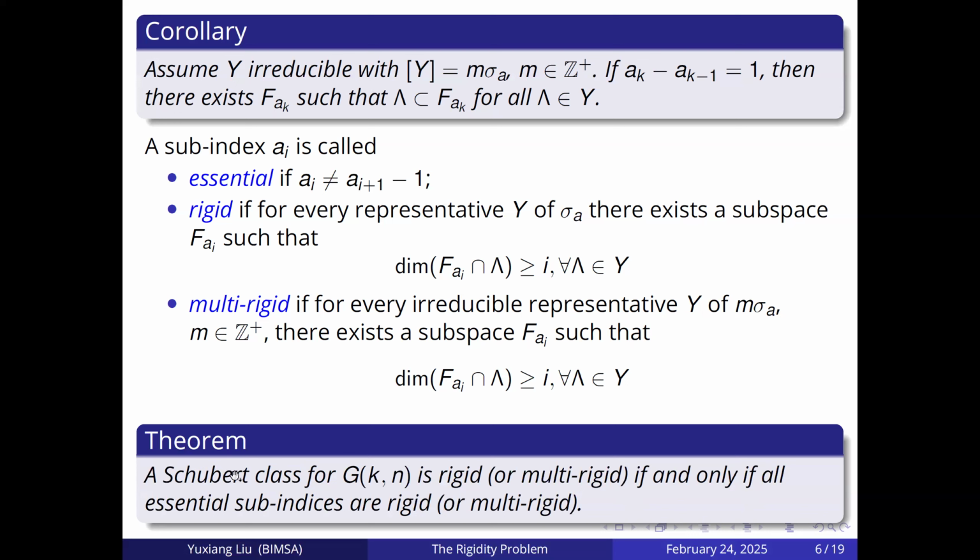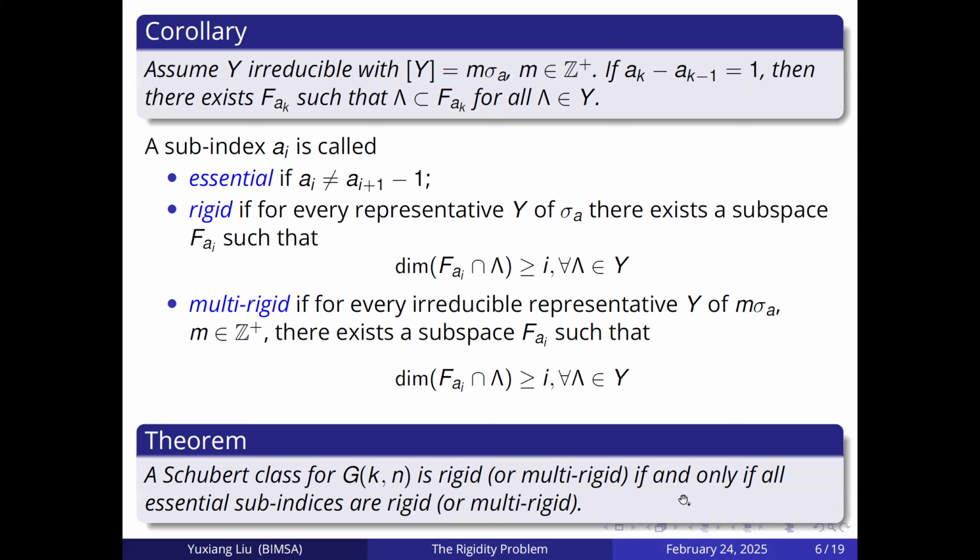One direction is trivial. If a Schubert class is rigid or multi-rigid, that means a representative Y must be a Schubert variety. And therefore, we can find the defining flag, and for all the subspaces corresponding to the essential subindices, we have the inequalities on the dimension of intersections.